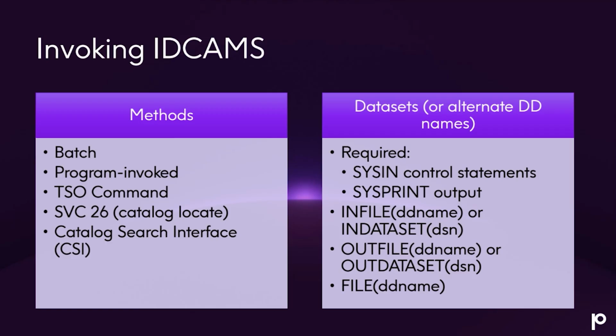FILE tends to be used when I want the output of IDCAMS to go to a file rather than SYSPRINT, or when I'm doing some sort of manipulation of metadata on a volume, I use a FILE DD to point to that volume if I want to update a VVR and that sort of thing.